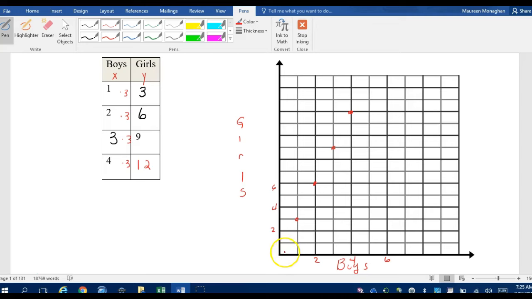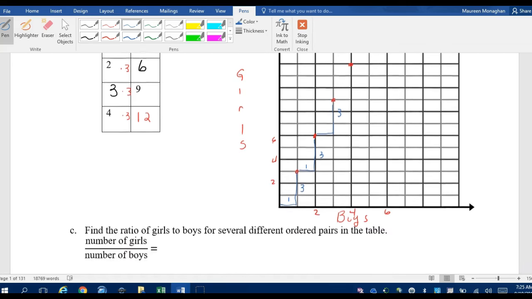I went over 1, and then I went up 3. And then I went over 1, and I went up 3. That is a proportional relationship. Over 1 and up 3. Another way to think of it is you could go up 3 over 1, up 3 over 1, up 3 over 1. That's another way to think of it.